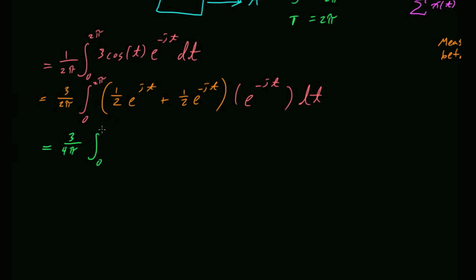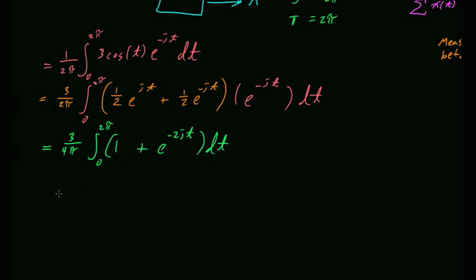Now, e to the jt times e to the minus jt. It's e to the 0, which is 1. Have a nice day. All right. And then I've got e to the minus jt times e to the minus jt, e to the minus 2jt dt. Now we can integrate, right? No integration by parts. Integration by happiness. What's the integral of 1? t.